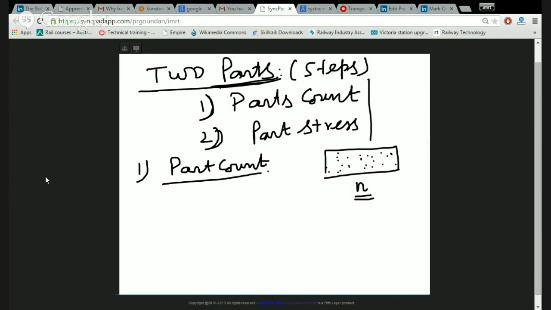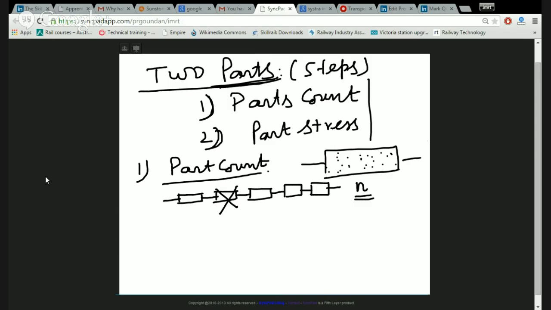N can be any number, hundreds of numbers. Now, what is the model behind this? The model behind this is that if any equipment fails, that means all these 100 parts are in series. Electronically, they may be connected to anything else, we are not bothered about it. They are all in series. That means if any one component fails, this board fails.